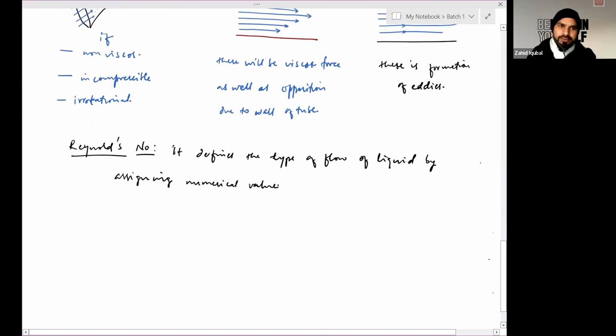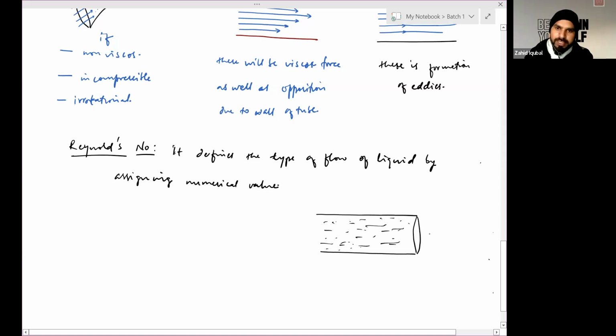Let me define you how to calculate. Suppose you have a tube in which liquid is flowing at some critical velocity, the velocity for which flow of liquid is streamlined. Diameter of tube is d, density of liquid is rho, and coefficient of viscosity is eta. Velocity of liquid is critical velocity Vc.